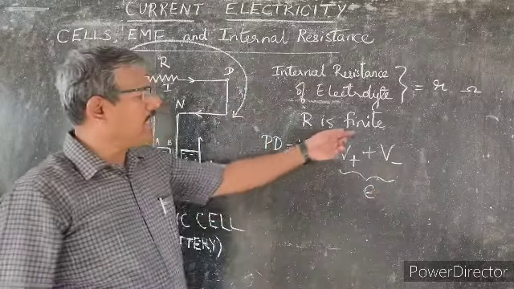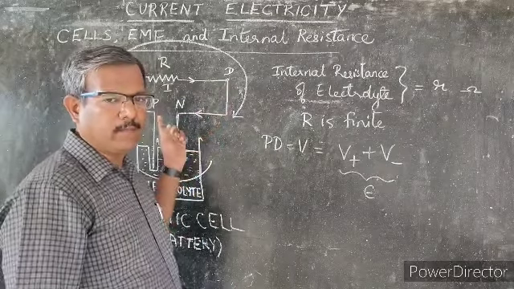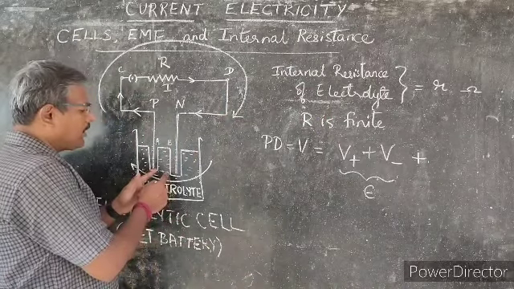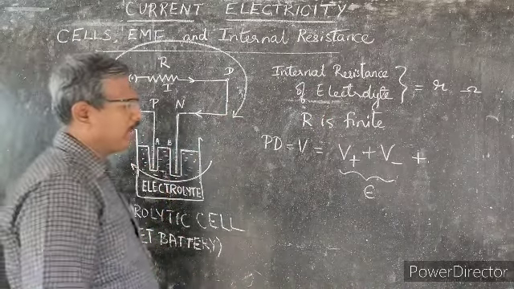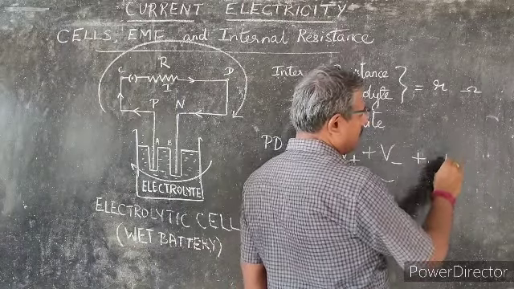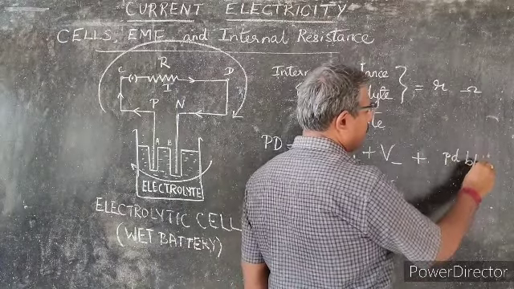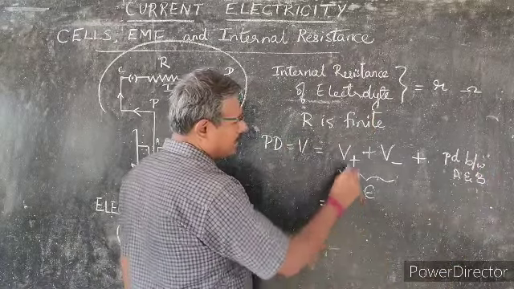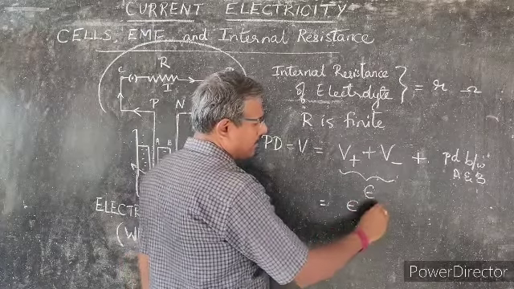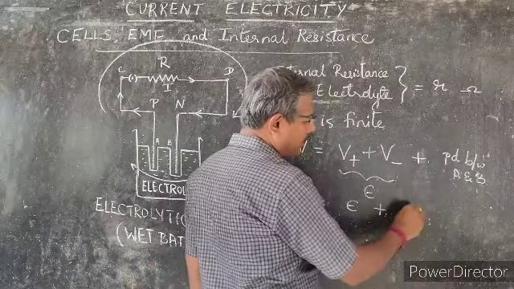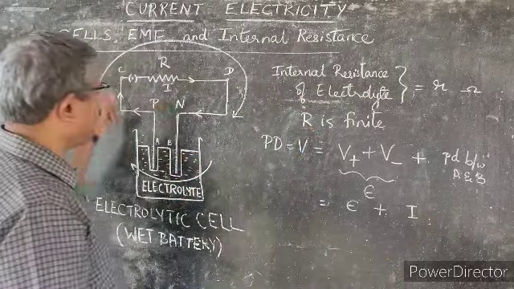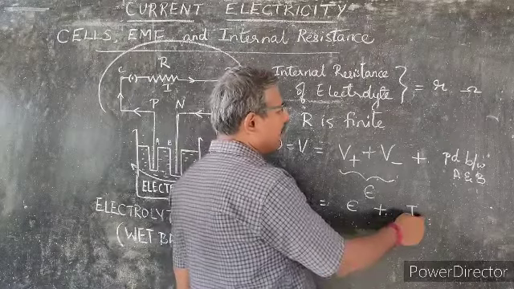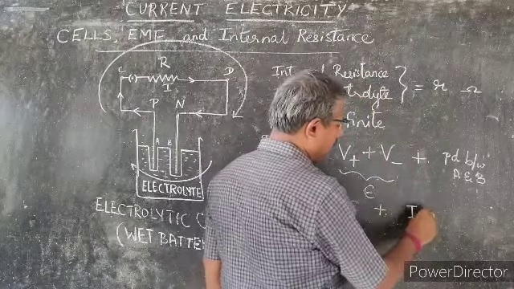Now, when R is finite, there is a certain amount of electricity flowing, in which case there will be an additional factor of the potential difference between points A and B. So if I replace the earlier term by epsilon, then this term will now be I, the current flowing through the entire circuit, multiplied by the resistance of the electrolyte, which we took to be small r.